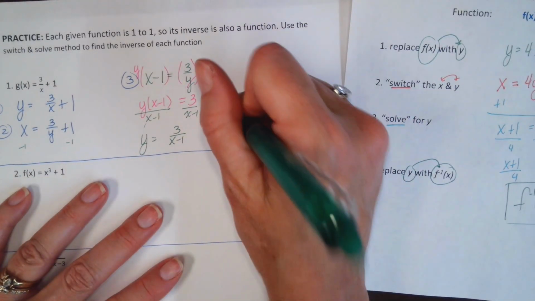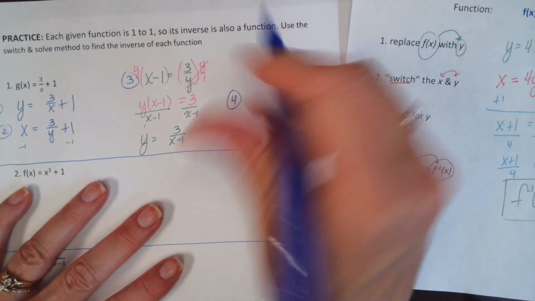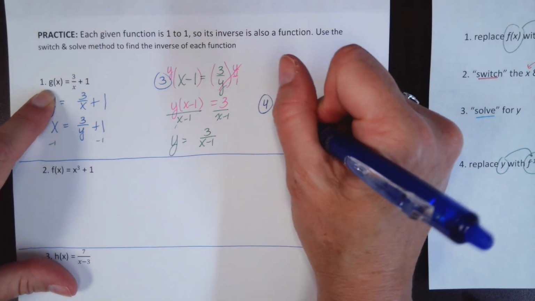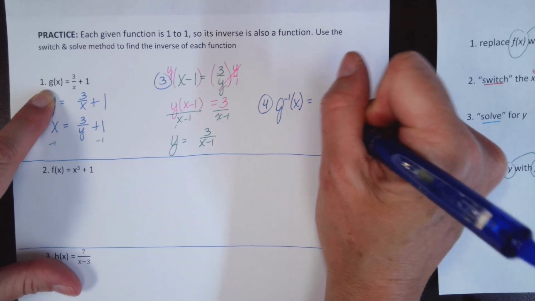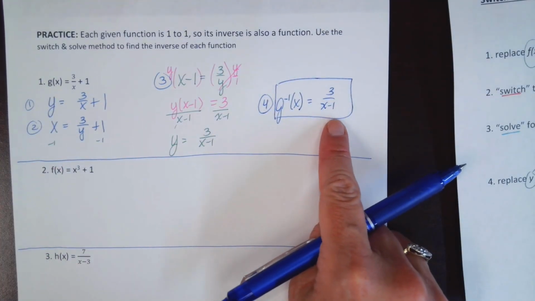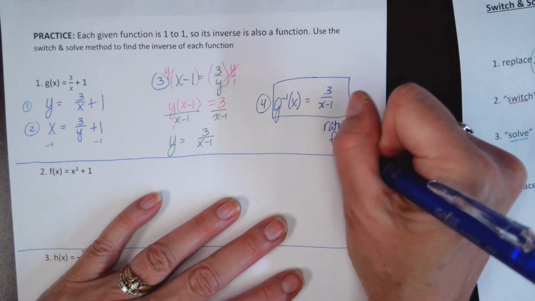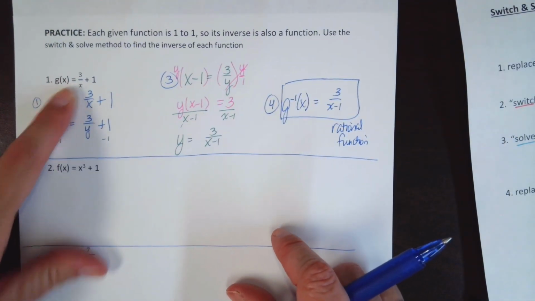And my fourth step, my last step, is to put that into inverse notation. Now my original function was g of x, so my inverse notation is going to be g inverse of x. And I want to note that my variable's in the denominator, which means this is a rational function, just like my original was a rational function.